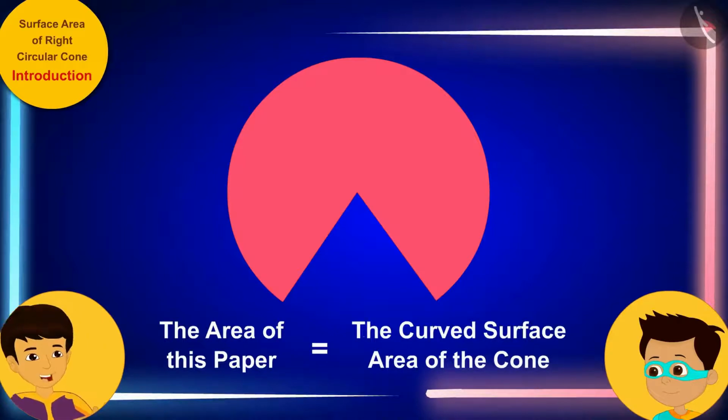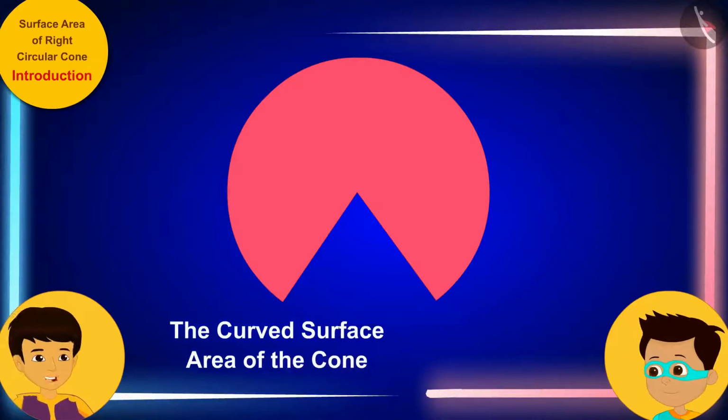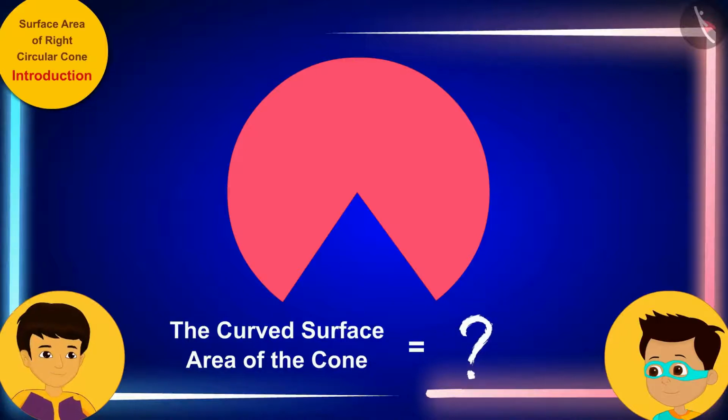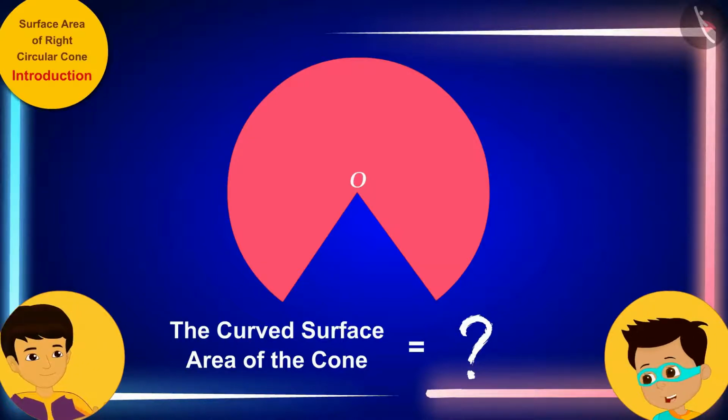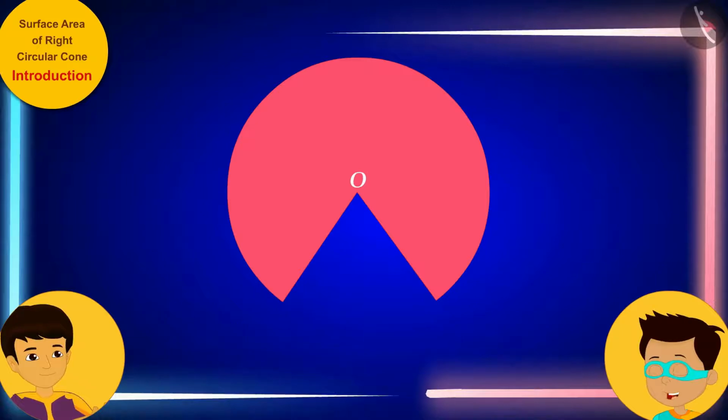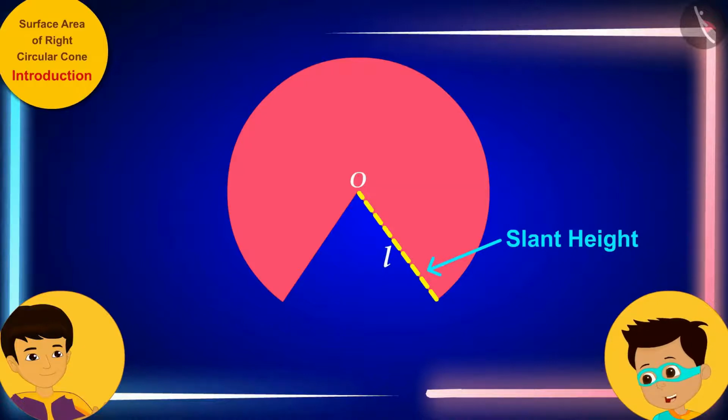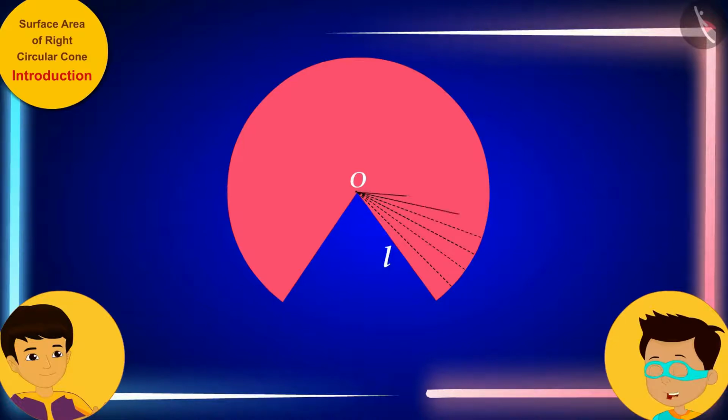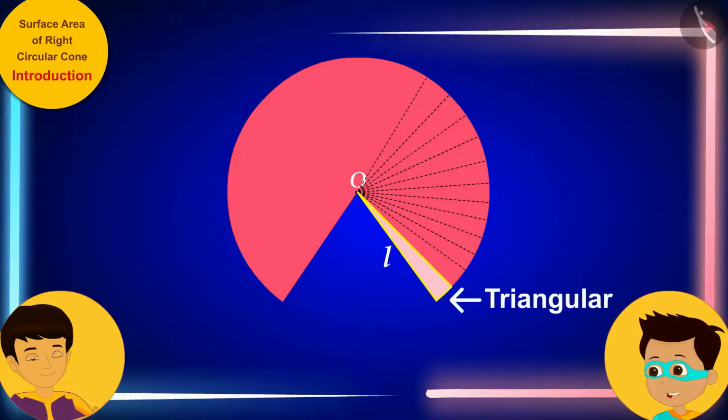But there is a difficulty. We do not know the formula for the curved surface area of a cone. Never mind if we don't know it yet. Let us find this formula. Look, Manas, the side where we cut the cone will be its slant height, which we will express with L. Now, if we divide the paper into hundreds of small pieces by lines going from O, then these sliced parts will look almost triangular in shape.